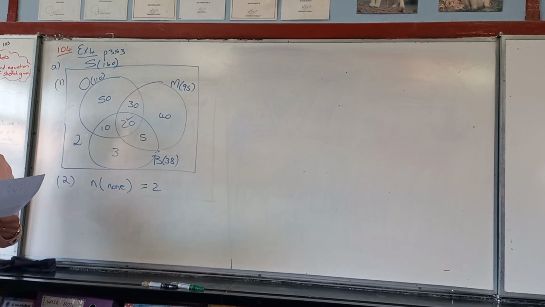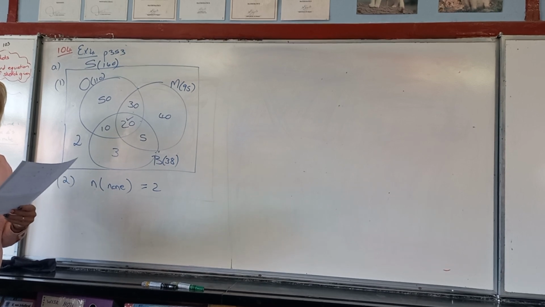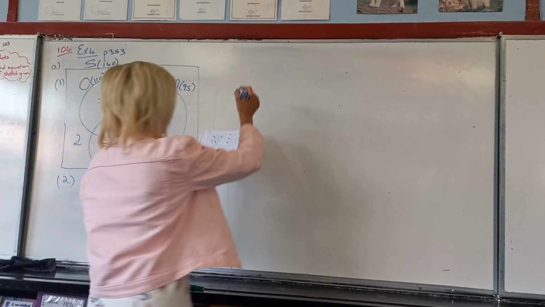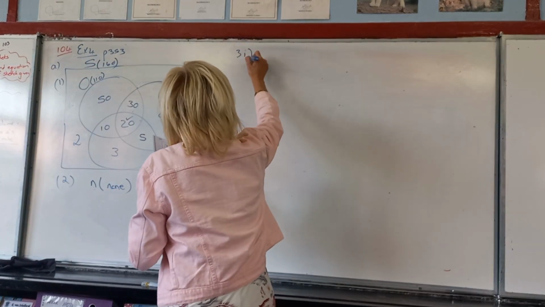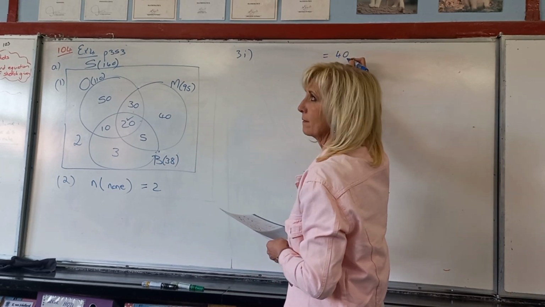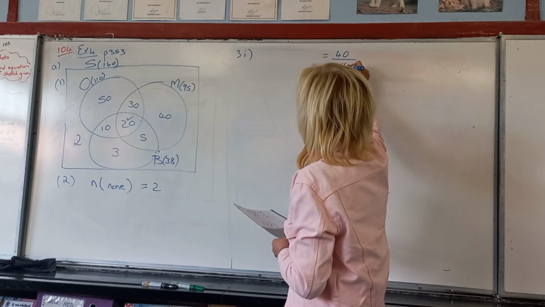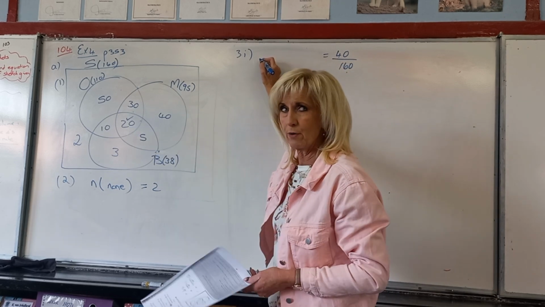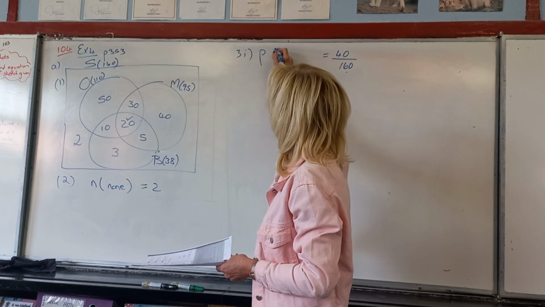Third question. A person is selected randomly from the group. What is the probability that this person does something? First of all, uses only a microwave oven. Only a microwave oven is? No marks. Over 160. Are you with me? Because I'm busy with probability, which you don't have to write this way, but I like it if you do the maths correctly.